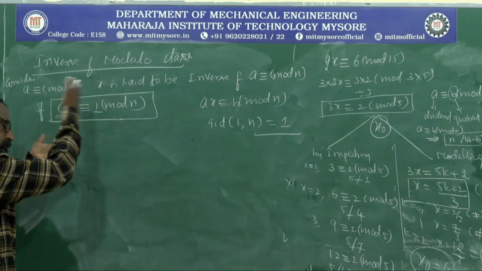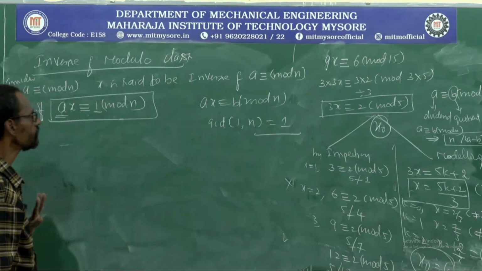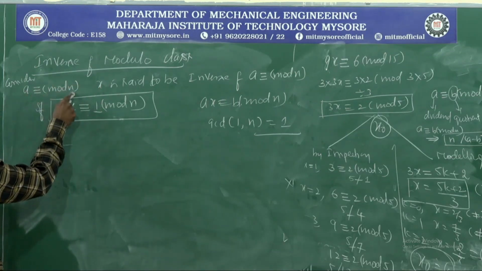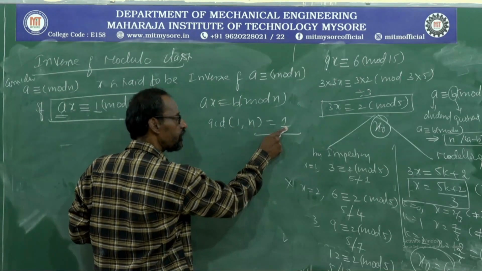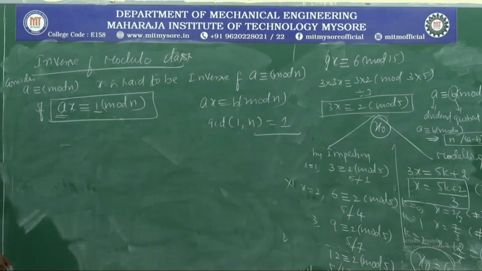Indirectly, we are getting that property under even modulo class. So you are finding x, an inverse of a modulo n, which should be unique, and GCD of 1 comma n equal to 1, you can find only one value of x, hence uniqueness is proved.